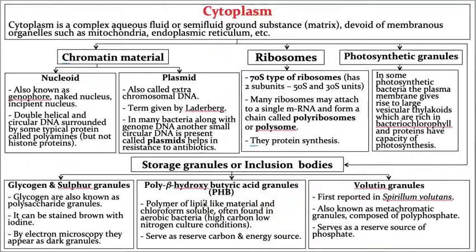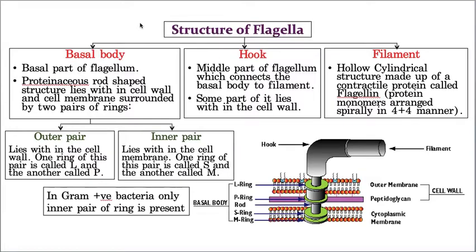The first part is the basal body. This is the basal part of the flagellum, present at the base. This basal body is a proteinaceous rod-shaped structure within the cell wall and cell membrane, consisting of two pairs of rings.